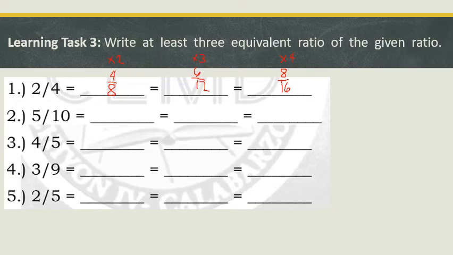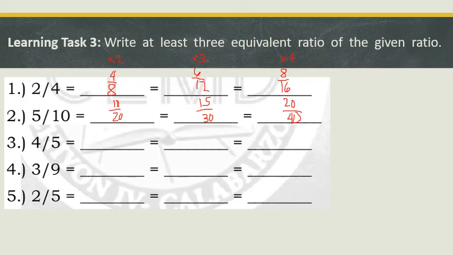So, doon naman tayo sa 5:10. So, 5 times 2 is 10, 10 times 2 is 20. Sa times 3, 5 times 3 is 15, 10 times 3 is 30. Sa times 4 naman, 5 times 4 is 20, 10 times 4 is 40.